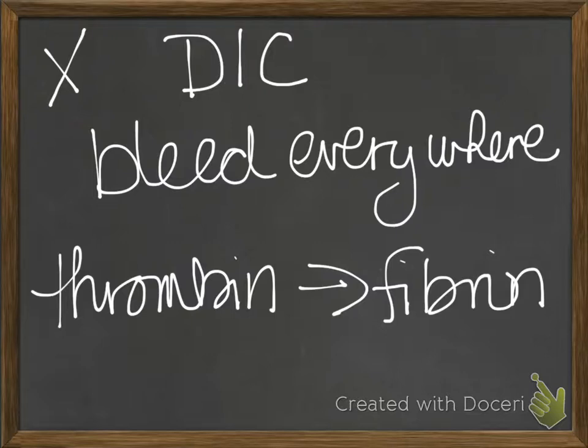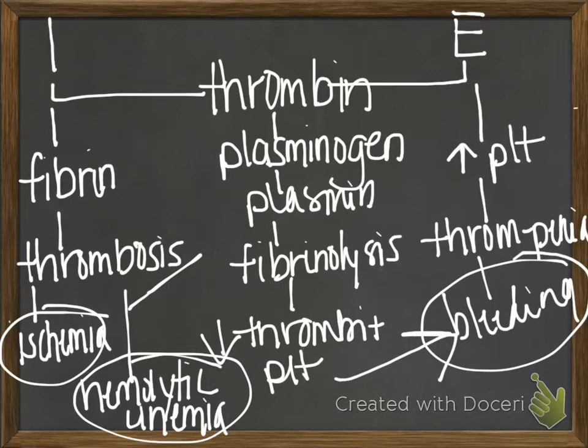Prothrombin is activated, and thrombin is produced in excess, and we know that thrombin converts fibrinogen to fibrin, and fibrin clots in the microcirculation. Then the thrombin causes the fibrin clots to dissolve, and this causes hemorrhage.